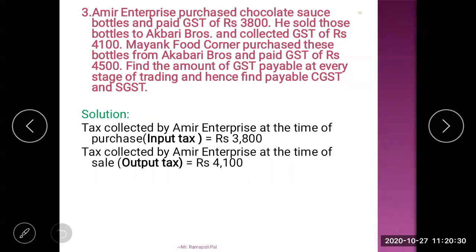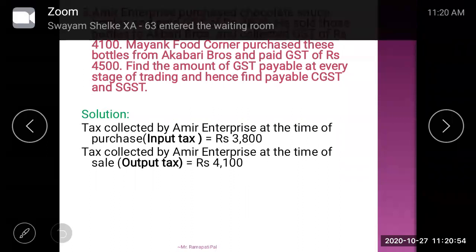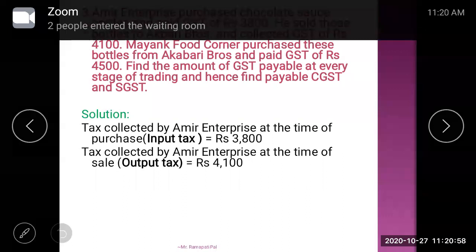GST payable by Amit Enterprises is equal to output tax minus input tax.